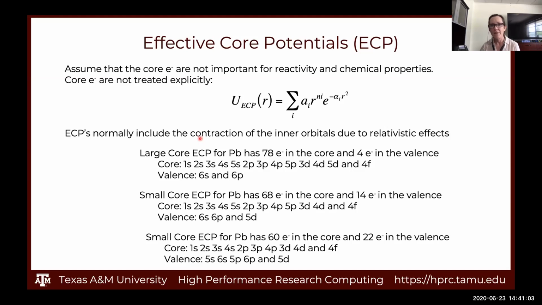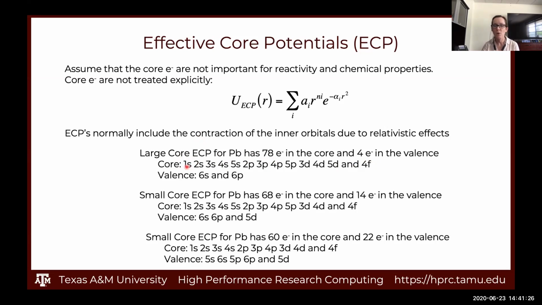One thing that you want to be aware of when you're choosing an effective core potential is how large is the core. How many electrons are you throwing away explicitly and replacing with this potential? So if we take lead, for example, if you use a large core ECP, lead has 78 electrons in the core and only 4 electrons in the valence space.